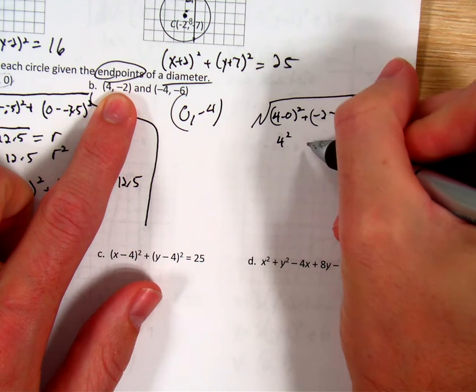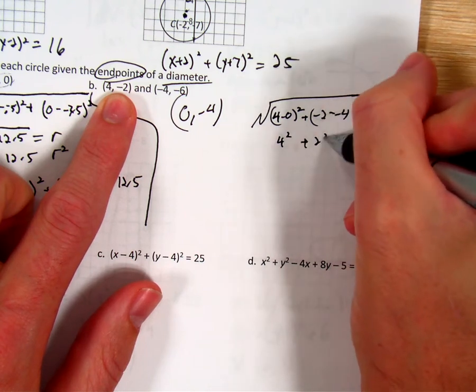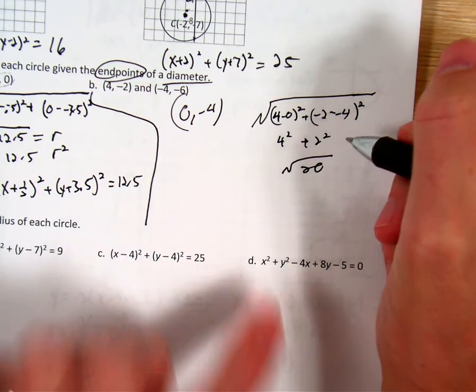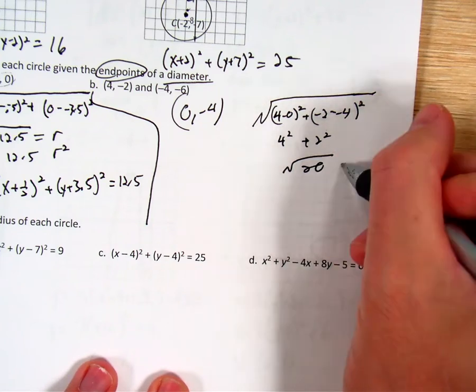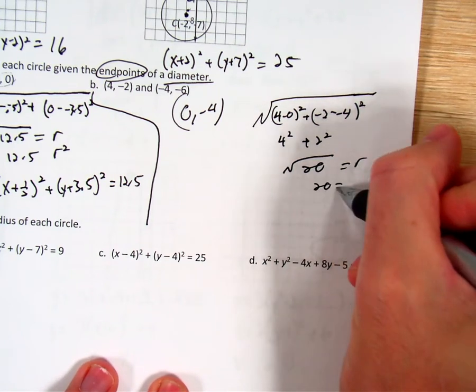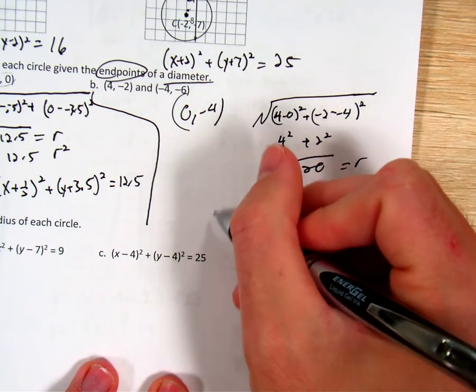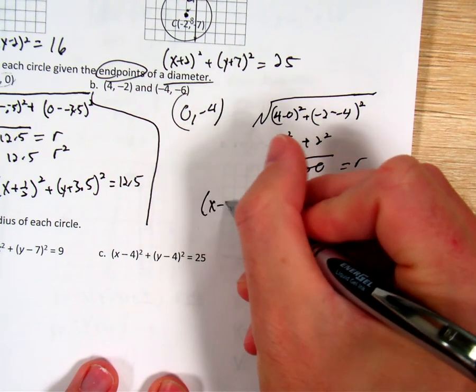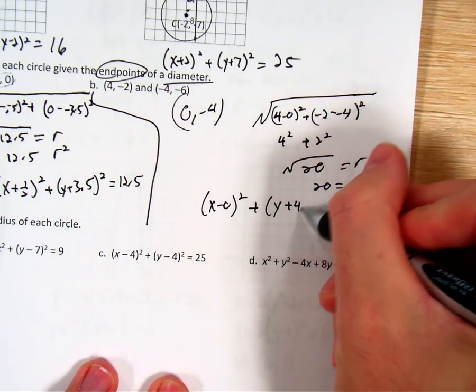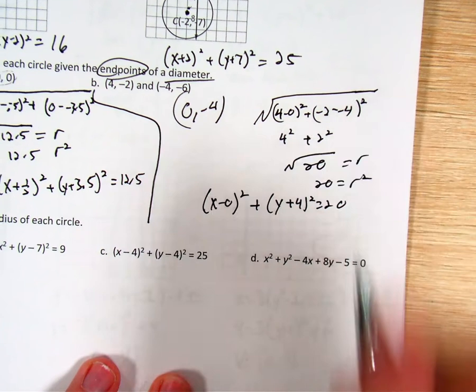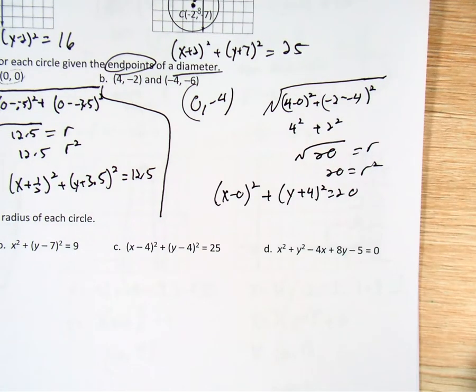So that's 4 squared, and then 2 squared. Square root of 20. Again, no need to decimal it, okay, because we're going to square this. Alright, so we're going to have x minus 0 squared, y plus 4 squared equals 20.